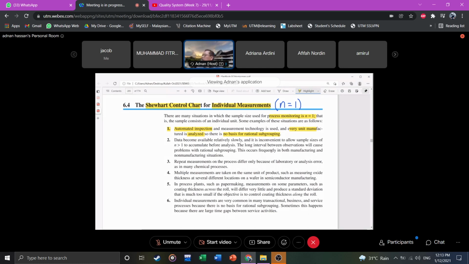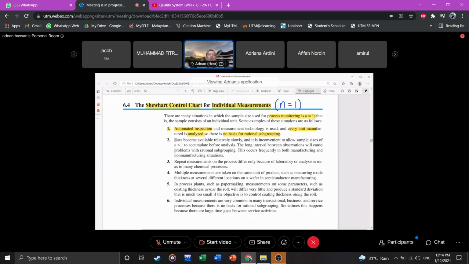So you have no luxury of taking more than 1, because everything is being measured. Another situation is that it's expensive. But the point number 1 here is we are doing 100% automated inspection, where every time you measure 1 by 1.